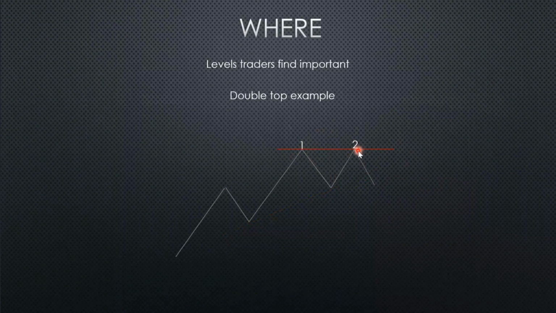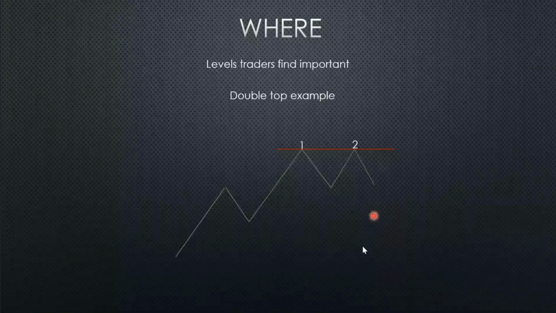If you are a Fibonacci trader and price goes up and it only gets to 78.6 here, you only get a 78.6 here on this pullback, then you are looking here for your break pullback to go short, calling it a failure to follow through.